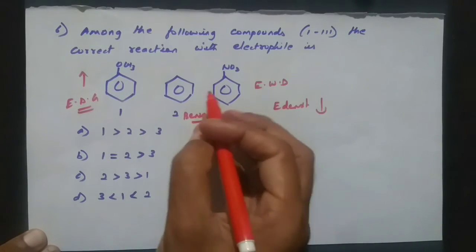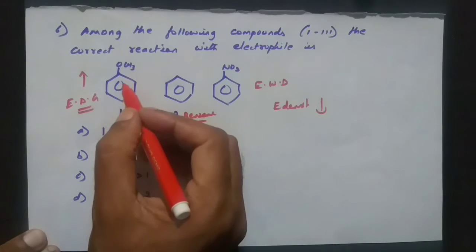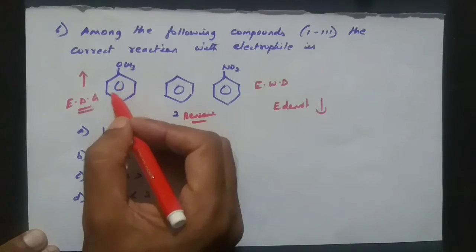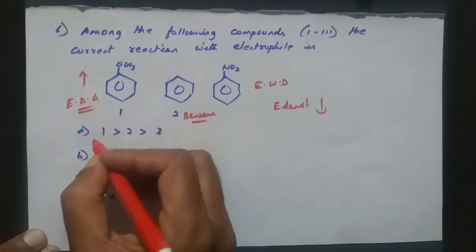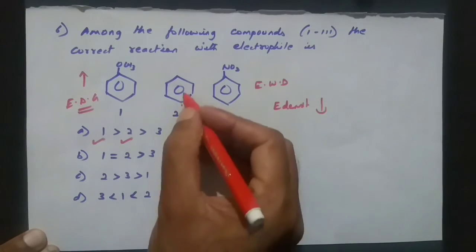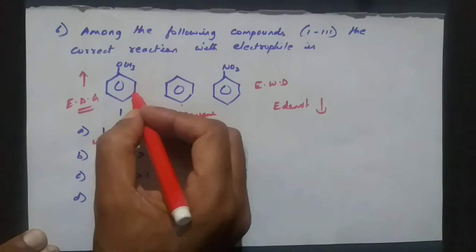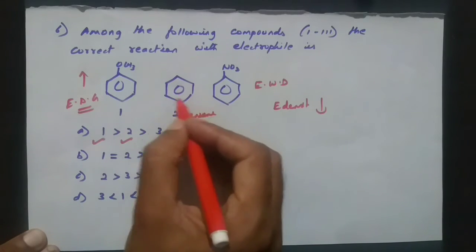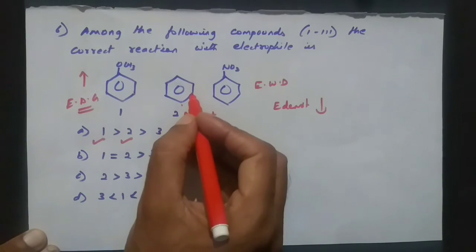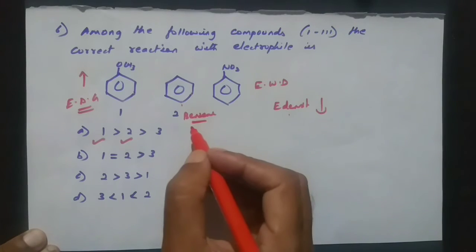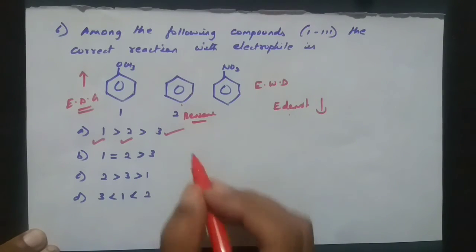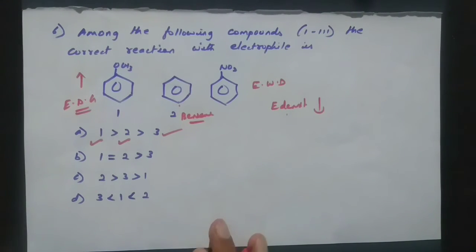For the electrophile to come here, the benzene must have more electrons, or it must be electron rich. So 1 followed by 2 because it is neutral. Here it's not decreasing or increasing. Because it's increasing, I am putting it in the first option. Here there's no change because we are taking benzene as the standard. And in the last case it is decreasing, so the electrophile attack will be less. So it will be 1 greater than 2 greater than 3.